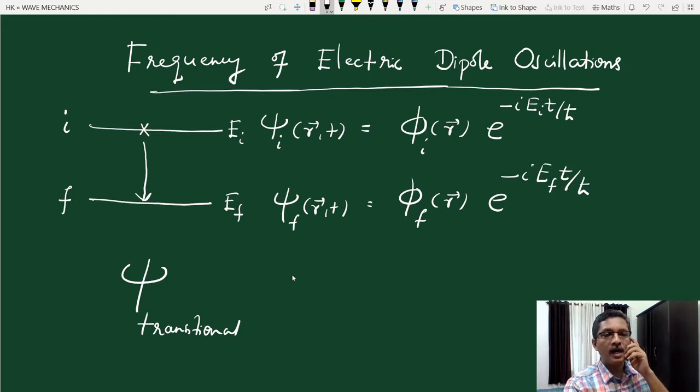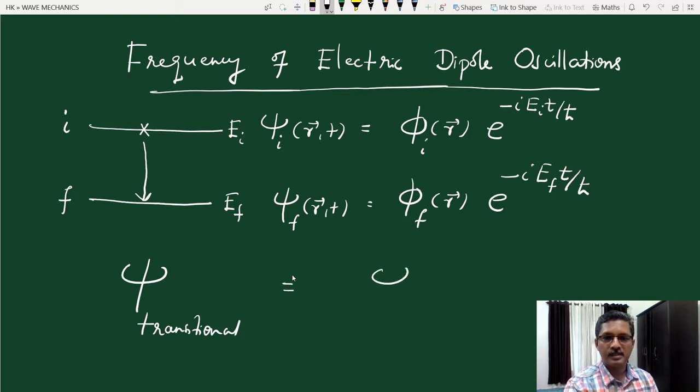During the transition, when the electron is between the initial state and the final state, we can say that its wave function is neither psi_I nor psi_f, but a combination of the two. Now this combination can be different. The proportion of psi_I and psi_f can be different. But let us now take a simple combination of the two.